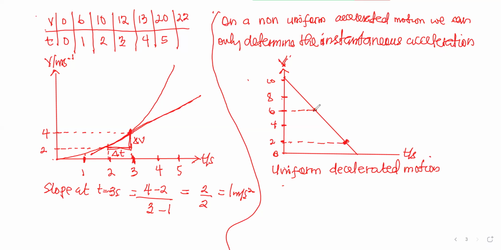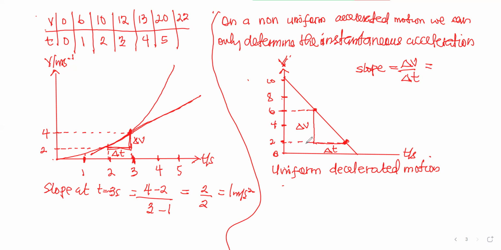So change in the vertical against change in the horizontal, delta V against delta T. The slope is equal to change in vertical over change in time.